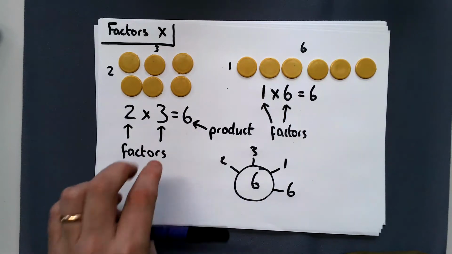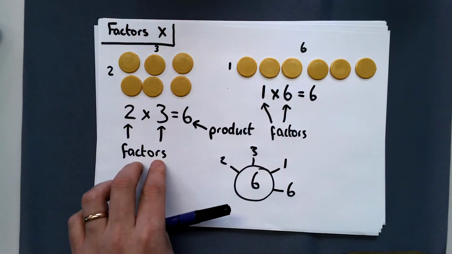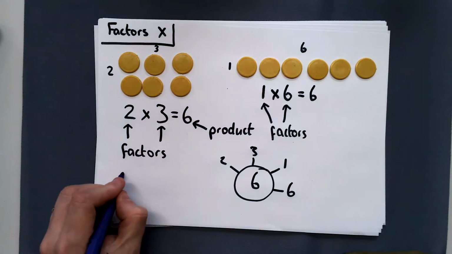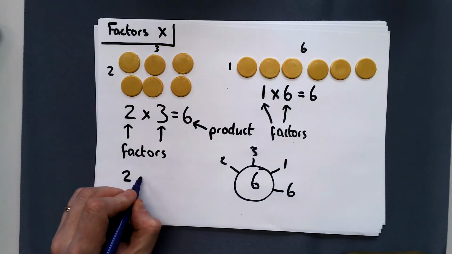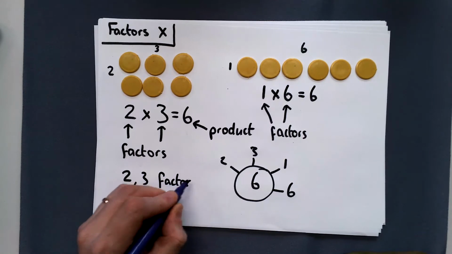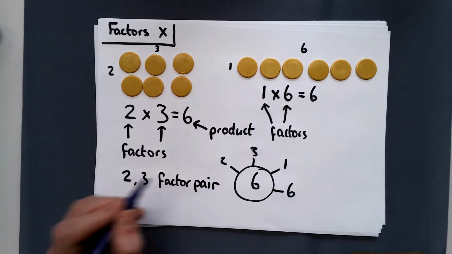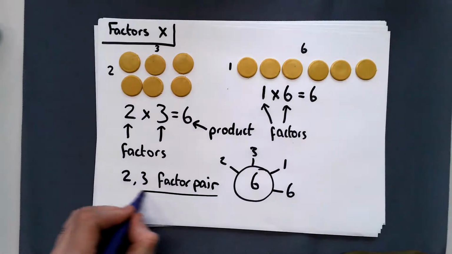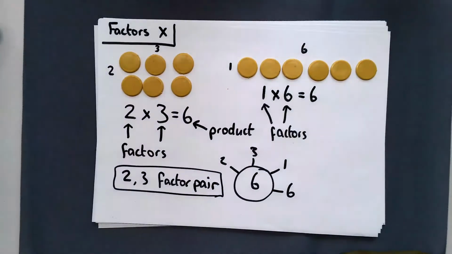When the 2 factors go together like this, we call them a factor pair. So 2 and 3 are a factor pair of 6. Pair means 2, like a pair of socks. So they are a factor pair.